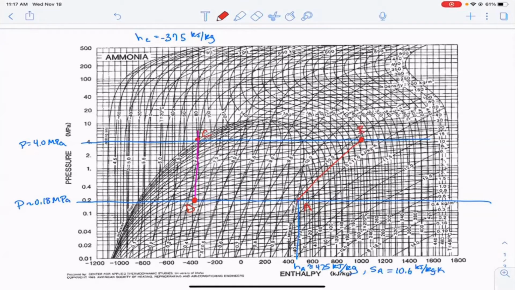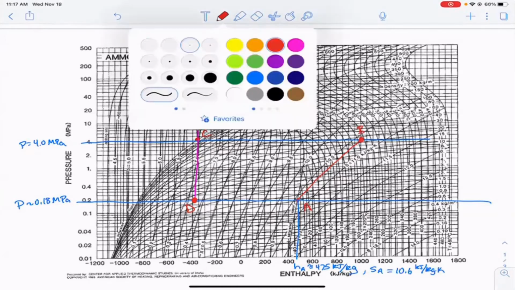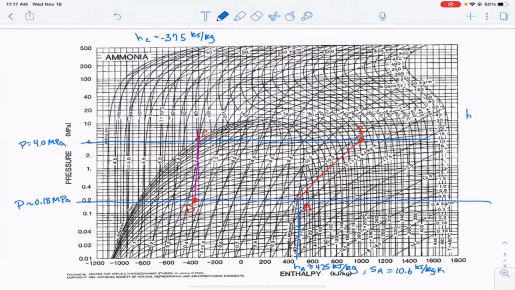And that's state B. If I go straight down from there, my estimate for the enthalpy at B is equal to 975 kilojoules per kilogram. And so what we have on our diagram is the enthalpy at all 4 places, okay?